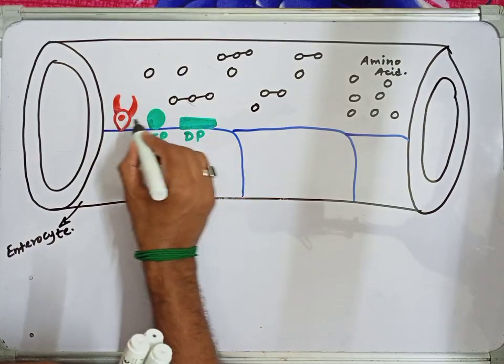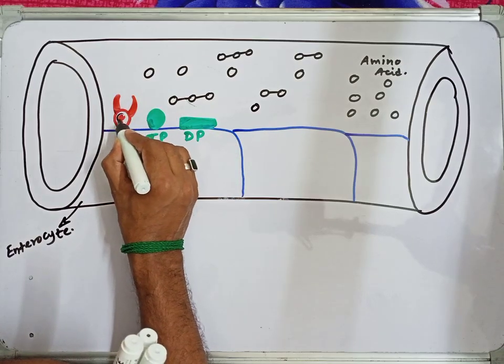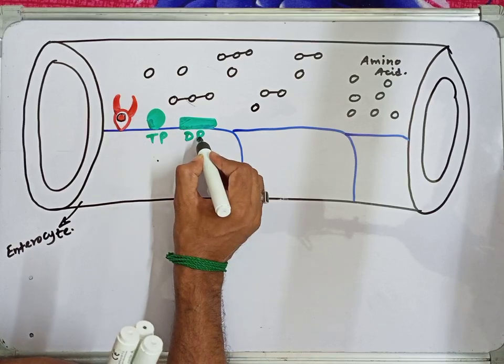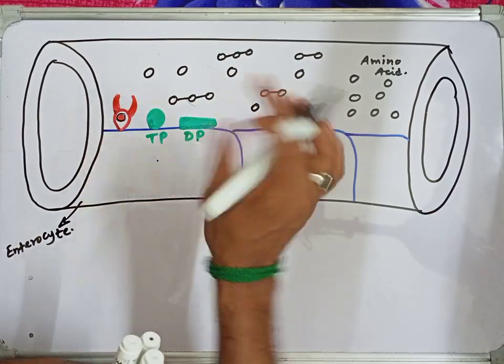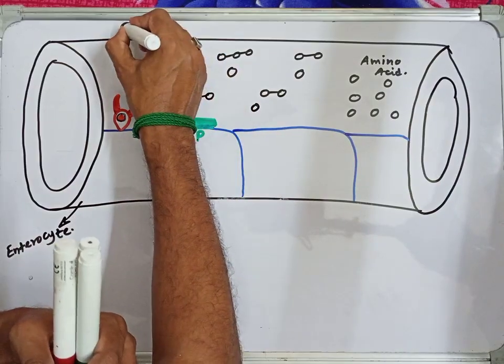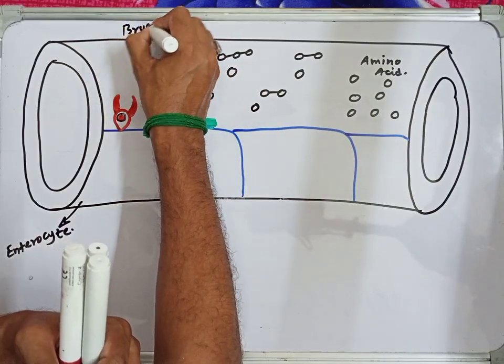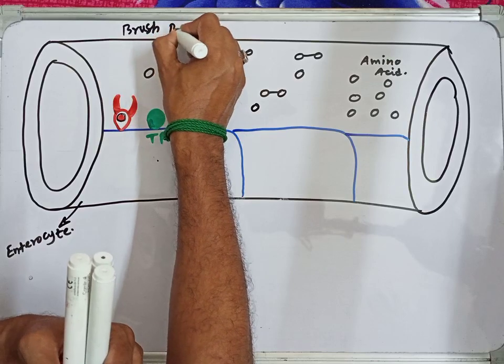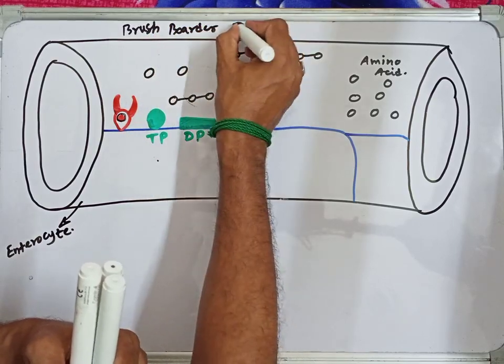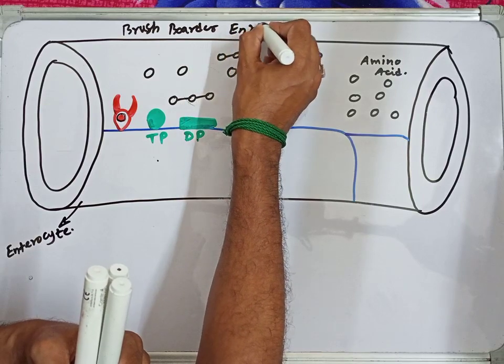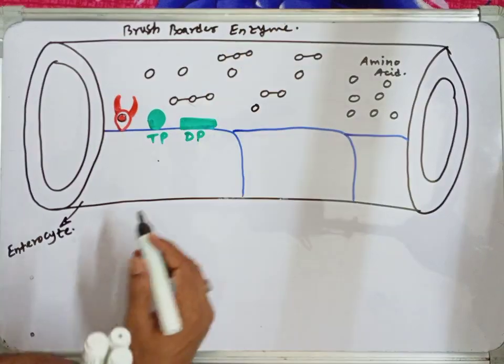And all these enzymes, that is enterokinase, dipeptidase and tripeptidase, are also considered brush border enzymes, right?